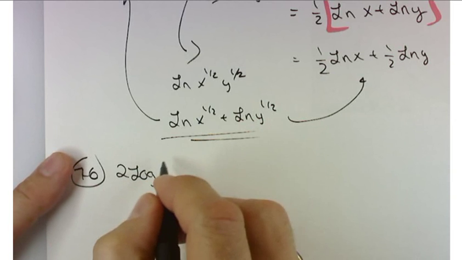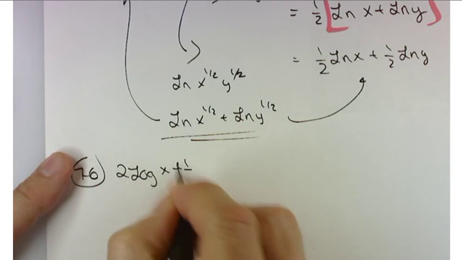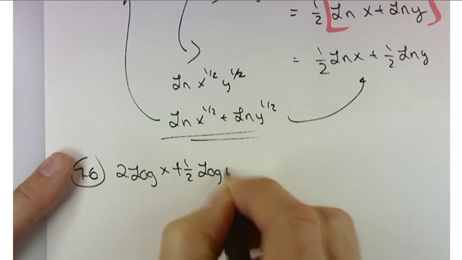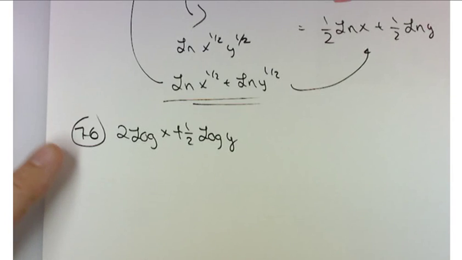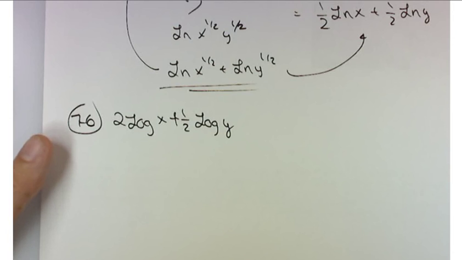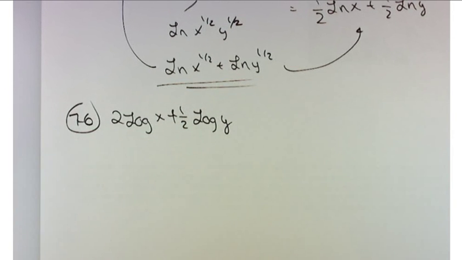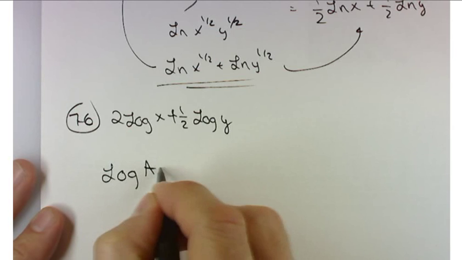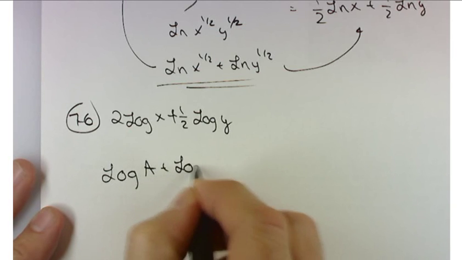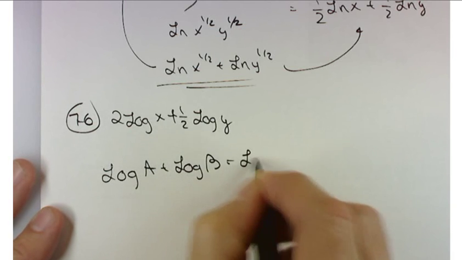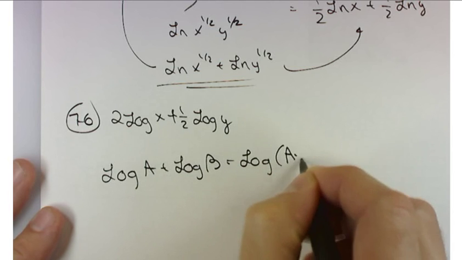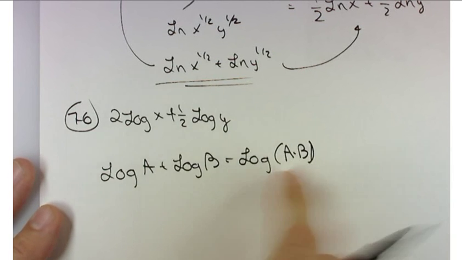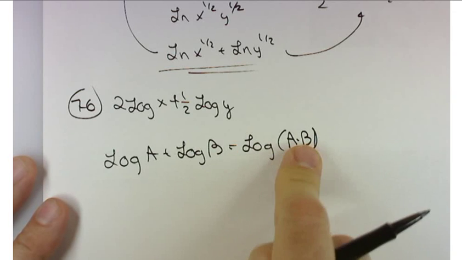Two log of x plus 1/2 log of y. All right. I can't use my product rules in kind of the reverse direction just yet. In order to use the product rule, which is this, log of a plus log of b equals log of a times b, what we've done up till now is we've used it this direction.